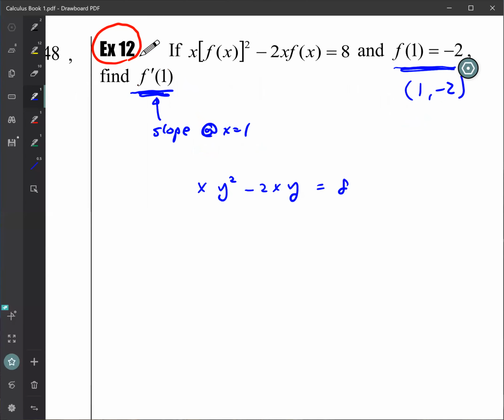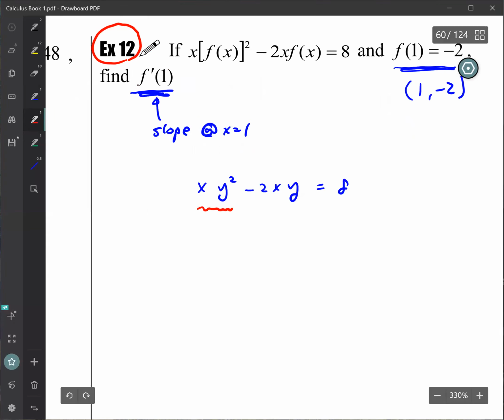Don't forget, y is a function. Okay, let's check one part of it first.